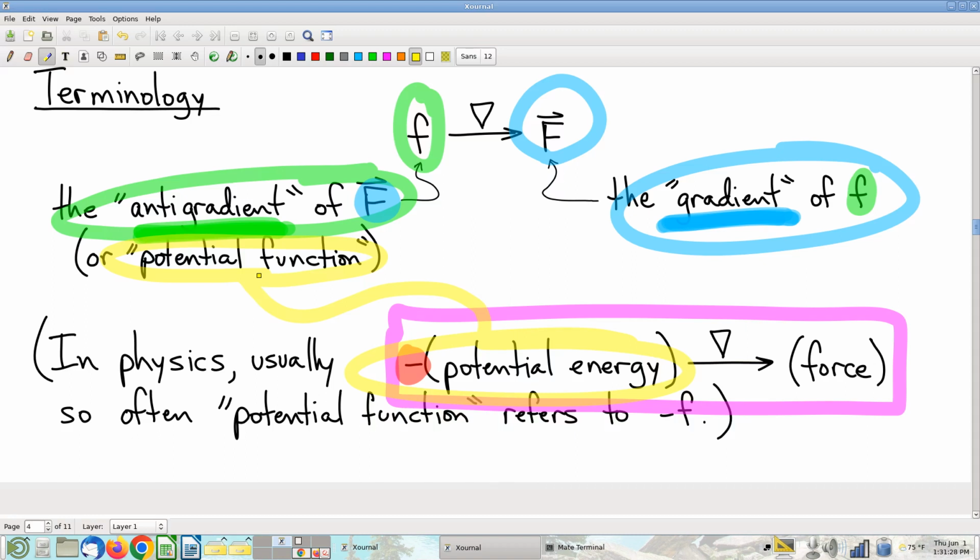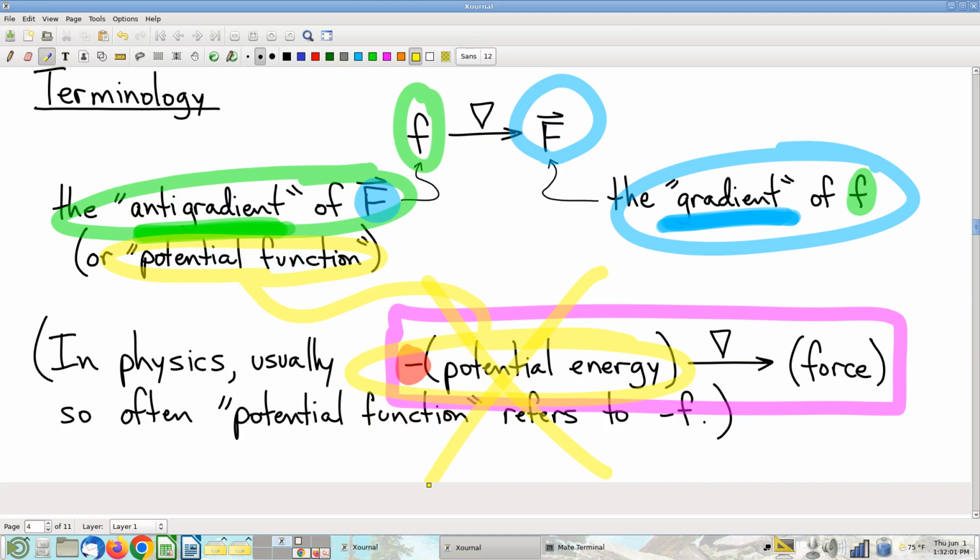So I've never liked this term, partly for this reason. But also because we're not always doing physics. Our vector fields are not always forces. And if your vector field isn't a force, this doesn't make any sense at all. If your vector field is just some random vector field, or maybe represents something else in physics, potential energy is not involved. And so the term potential function has its narrow reasonableness, and I'm just not a fan.